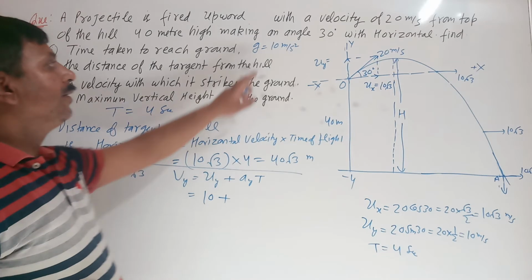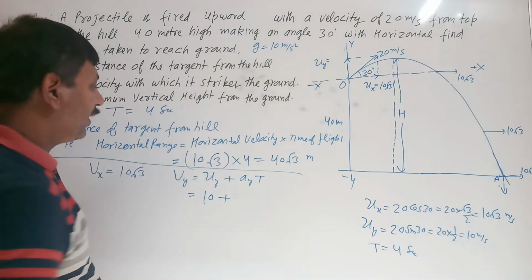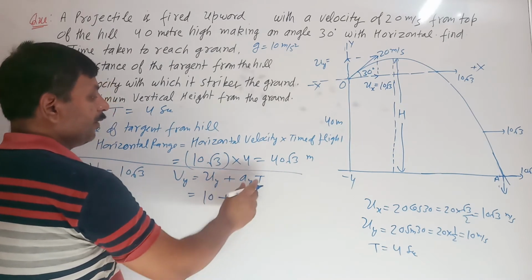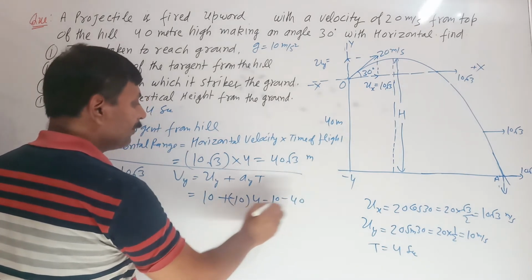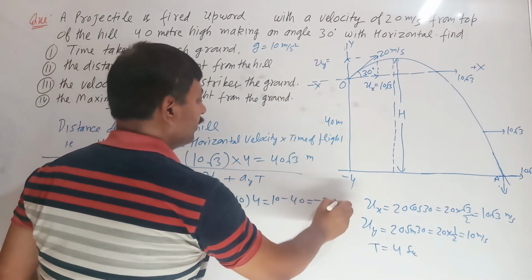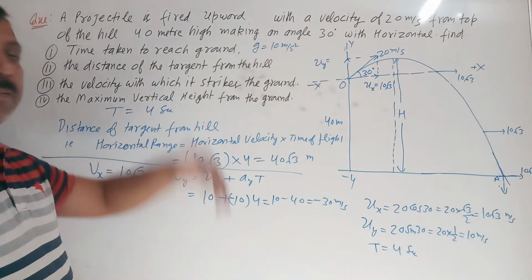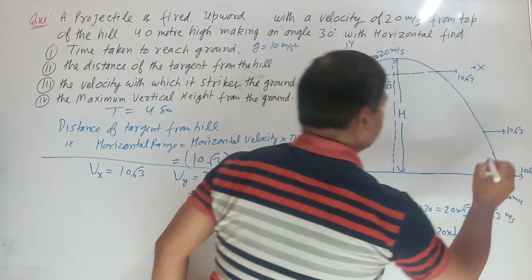Acceleration ay is minus 10, and time of flight is 4. So this will come 10 minus 40, or minus 30 meter per second. The minus sign indicates that the vertical component is downward.